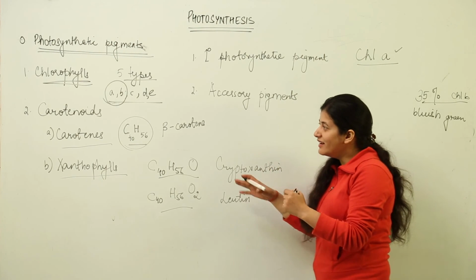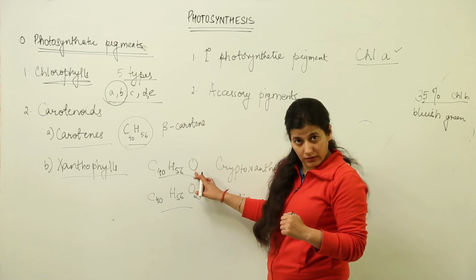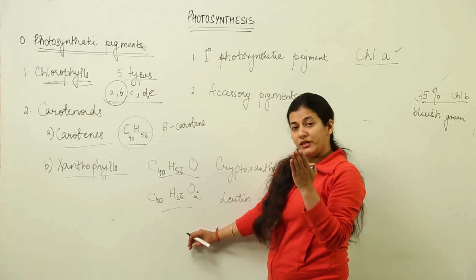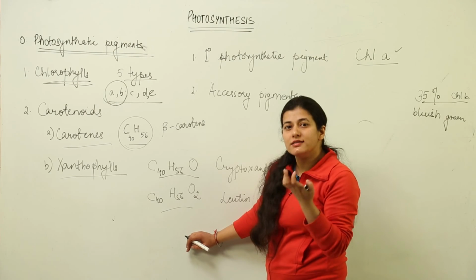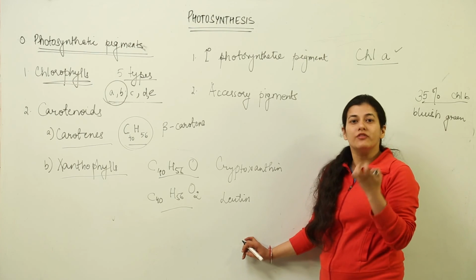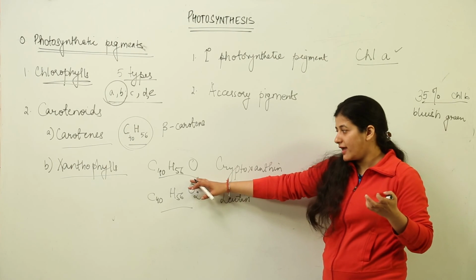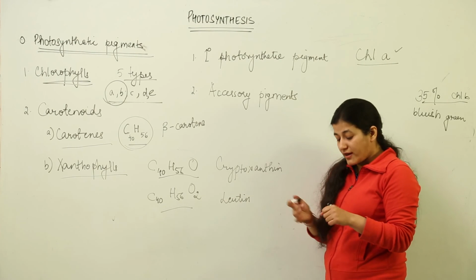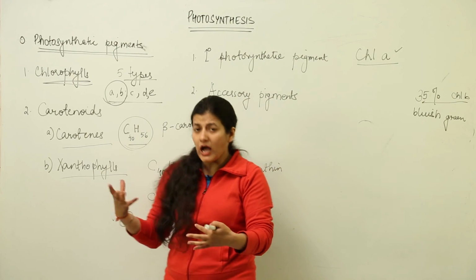I hope I am clear that these carotenes, as you can see, have taken up oxygen in this form, and this taking up of oxygen helps the plant in a way that when the green leaves are doing photosynthesis, there is a lot of photon intake and there is photolysis of water. So at that stage there is a chance of oxidation, taking up of electrons. So that is counteracted by xanthophylls. They take up those electrons and they form the xanthophylls, they add up oxygen to them, and in that way they prevent the leaf from the excessive uptake of energy.